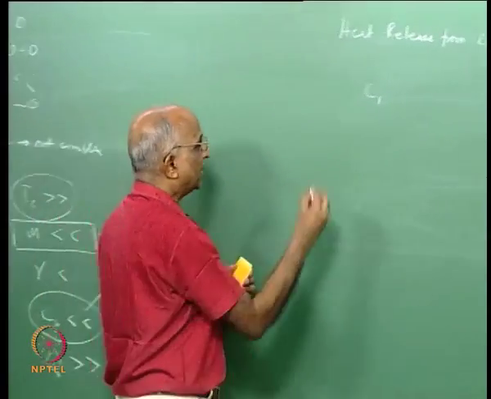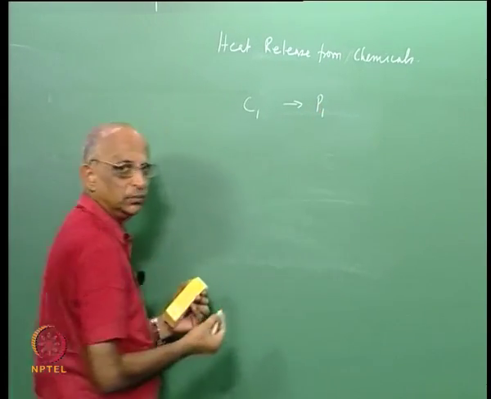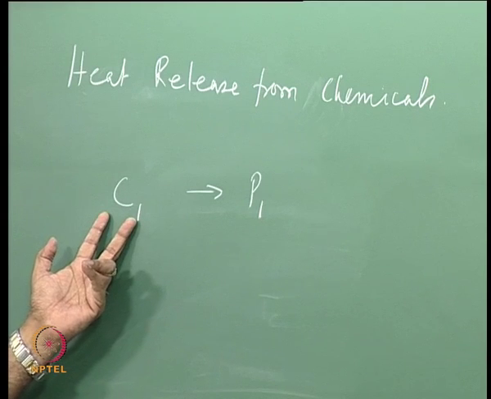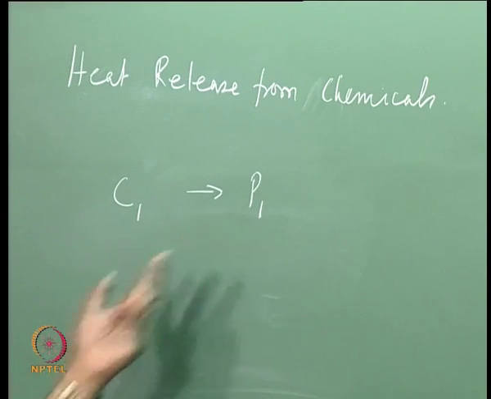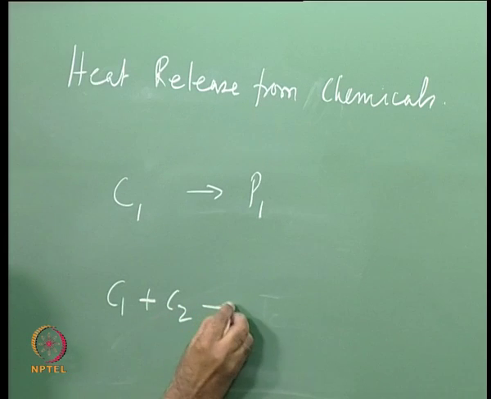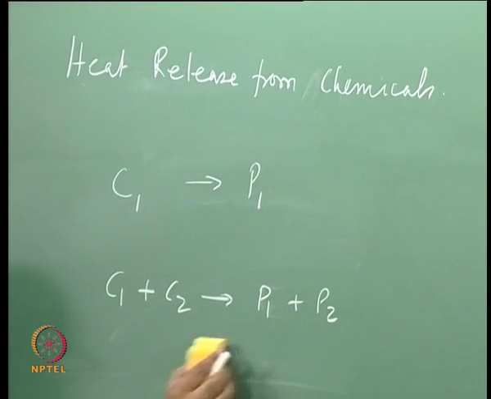This chemical gets converted to a gaseous product, let us say P1. Maybe this chemical by itself reacts within itself and gives P1, or else I have C1 plus C2 reacting to give me product 1 and product 2.